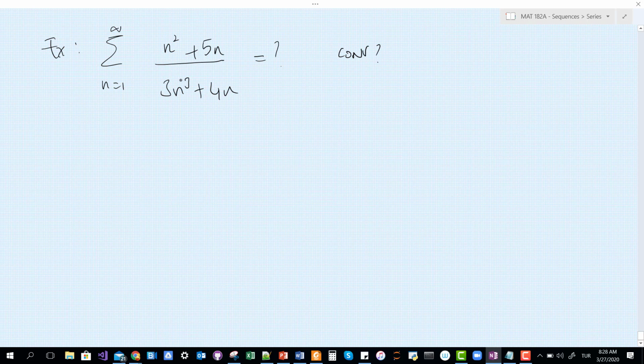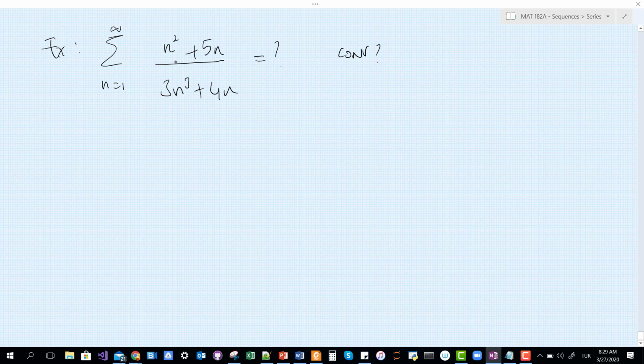Look at that. If you want to take the integral of this function, which is the same as this general term, taking the integral is so hard. Also, if you want to compare this series with another series, since you have some addition term here, comparing with another series is not going to be easy.